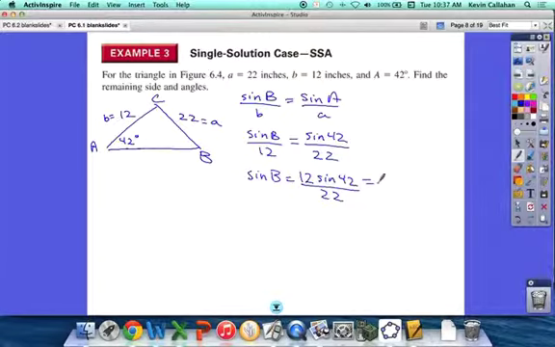So put that in the calculator. 12 sine 42 divided by 22. I'm getting 0.36498. I'm going to round it to 3 decimal places for now: 0.365.